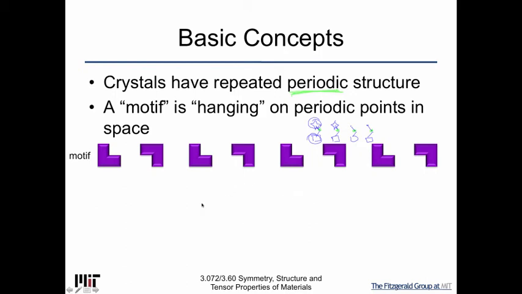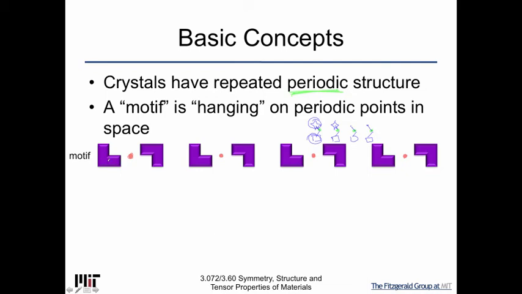Or you could think about the following. This is probably closer to a lot of the examples we're going to be using. You could think about that this actually is the periodic point here, and it's regularly spaced in the following way, and that we have two motifs hanging on each one.